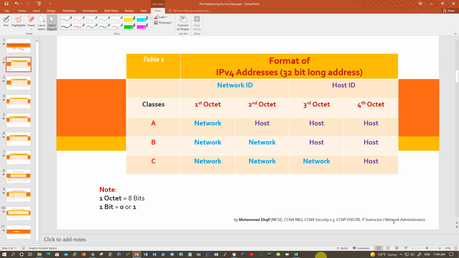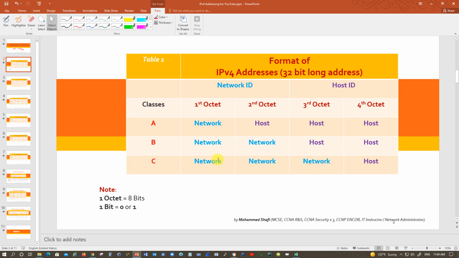Here I just try to revise a few things for the sake of your understanding, just to make you understand the format of IPv4 addresses. If somebody is new to IP addressing, a networking guy or learning networking, maybe he'll find it beneficial. The format of IPv4 addresses can be like this, and each IP address can be broadly divided into two categories.